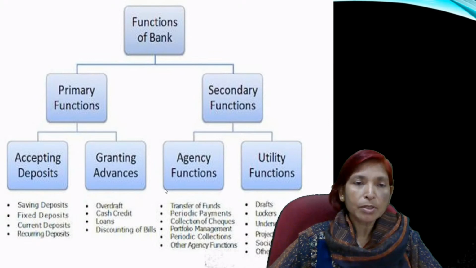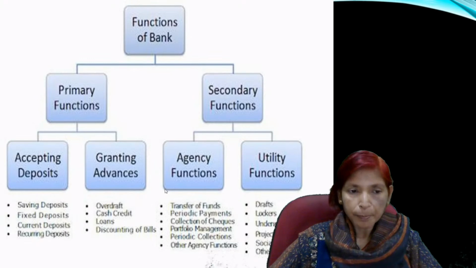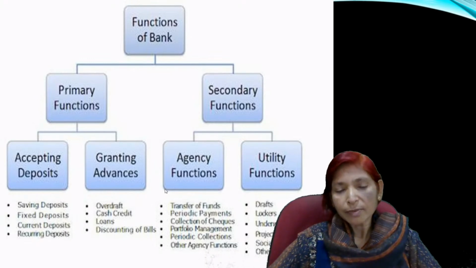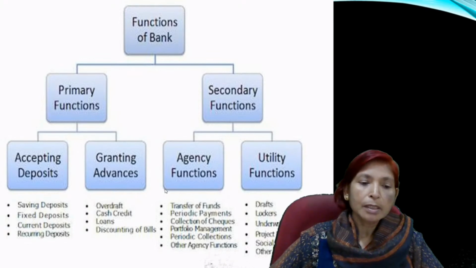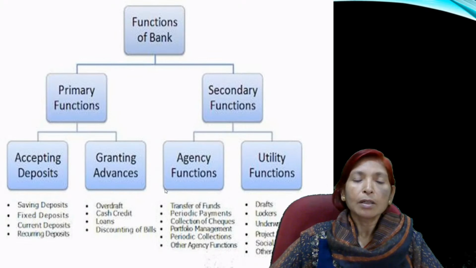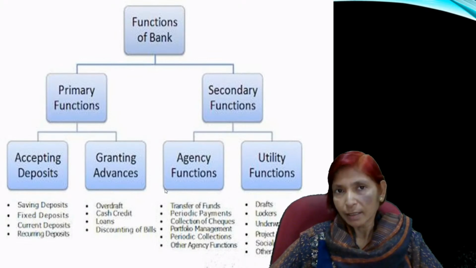In accepting deposits, the bank accepts deposits from savers, like savings deposits, current deposits, fixed deposits, and recurring deposits. Granting loans and advance facilities includes overdraft facility, cash credit, loans, and discounting of bills.